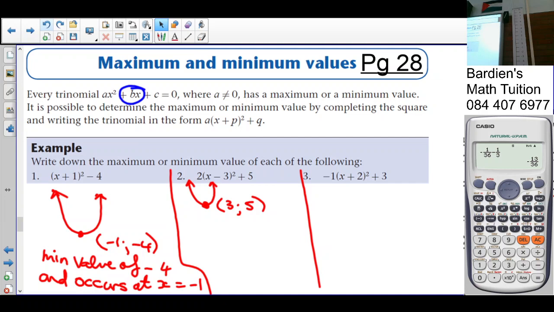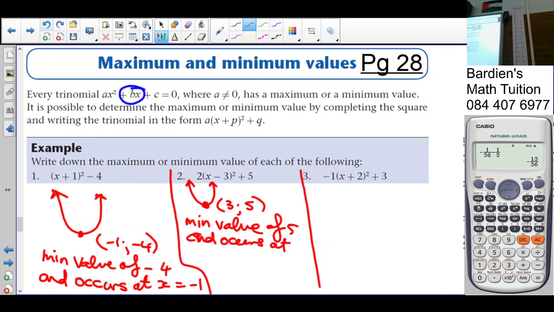Okay, so what would this be? Maximum, minimum? A minimum value of 5 and occurs at x equal to.